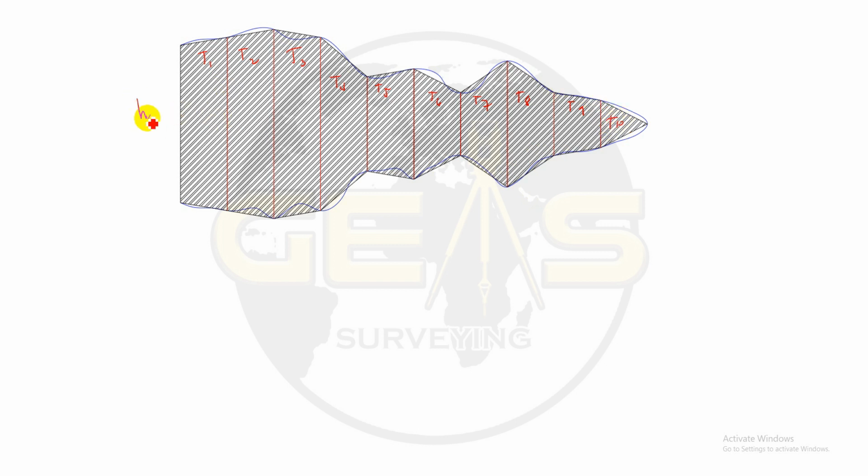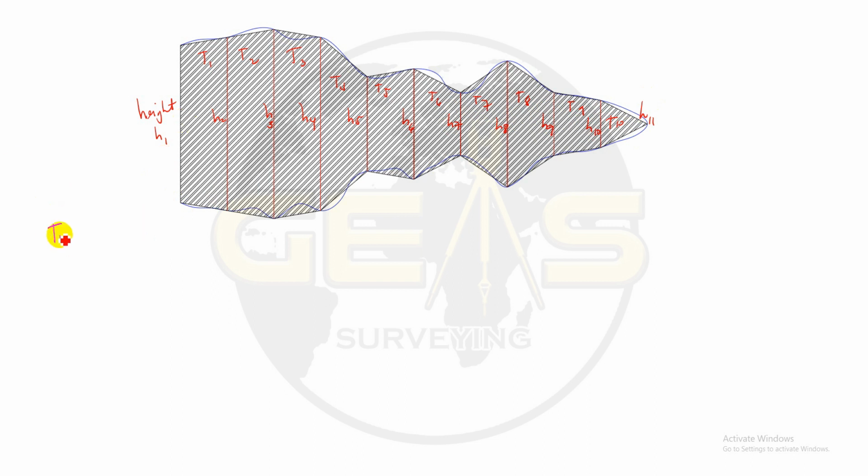These are the heights: H1, H2, H3, H4, H5, H6, H7, H8, H9, H10, and H11.